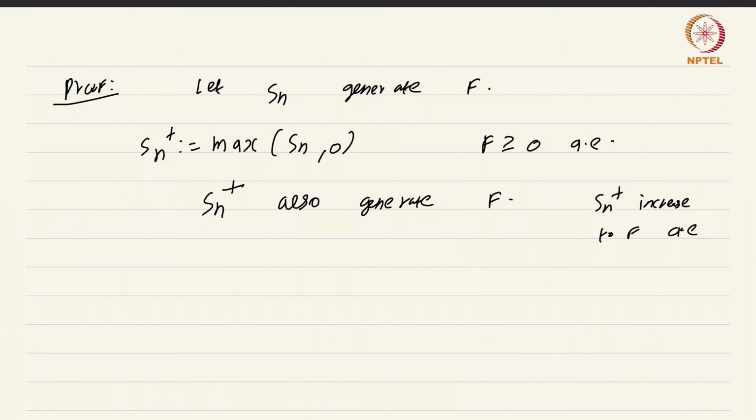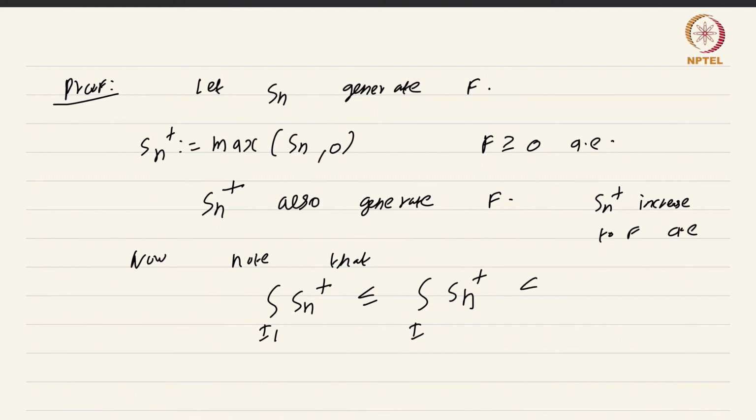Now note that the integral over I1 of Sn plus is obviously less than or equal to the integral over I of Sn plus, which is in turn less than or equal to the integral over I of f. Which means Sn plus generates f restricted to I1.